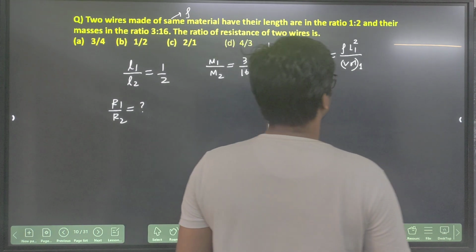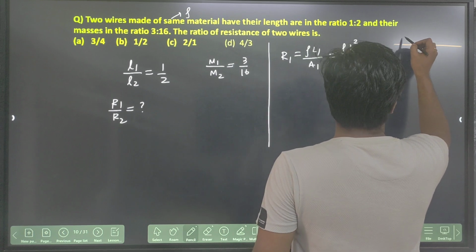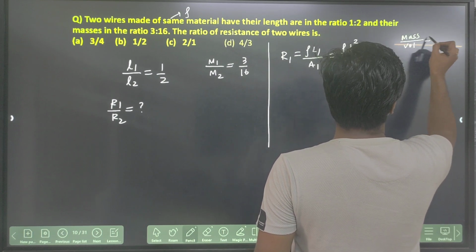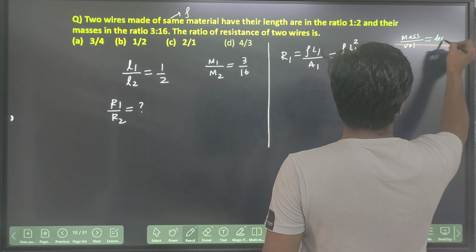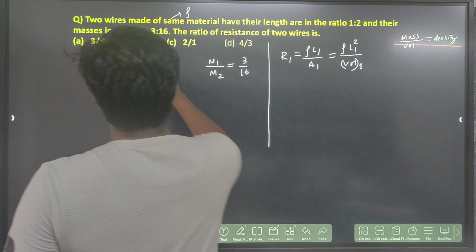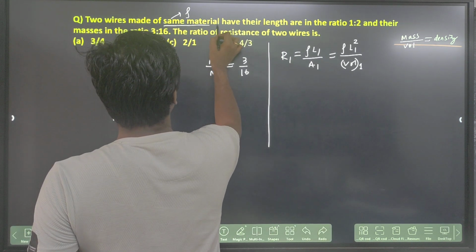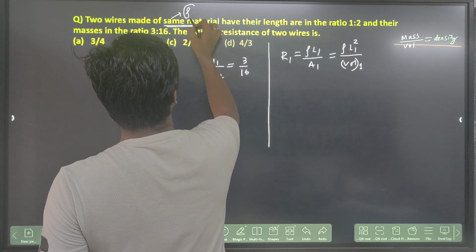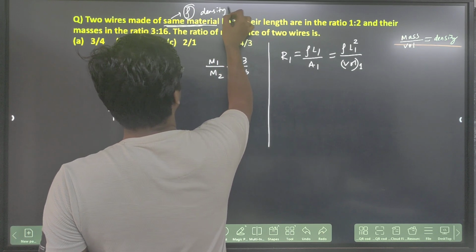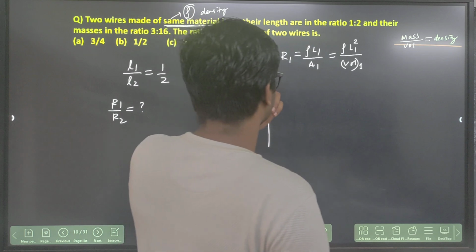And I know that mass per unit volume is density. Here two wires are made up of the same material, that means resistivity is the same and density is also the same.